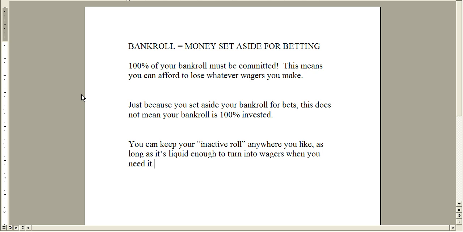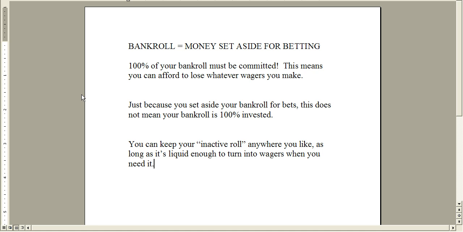Now, just because you set aside your bankroll for bets, this does not mean your bankroll is 100% invested. What I mean by that is, if you set aside $1,000 for betting on sports, that doesn't mean you're invested $1,000 in bets at one time. It doesn't mean you put $1,000 in your sportsbook account. It just means that you set aside that money and you use what you need when you need it.